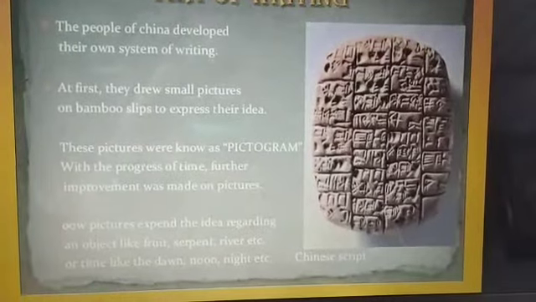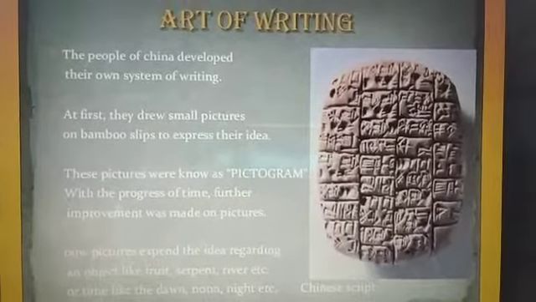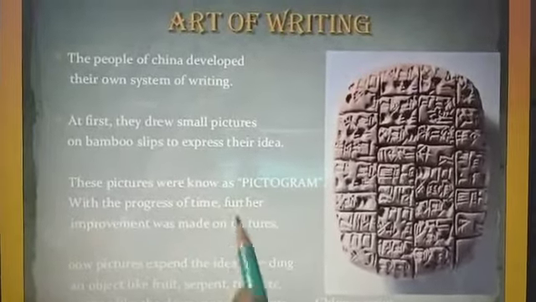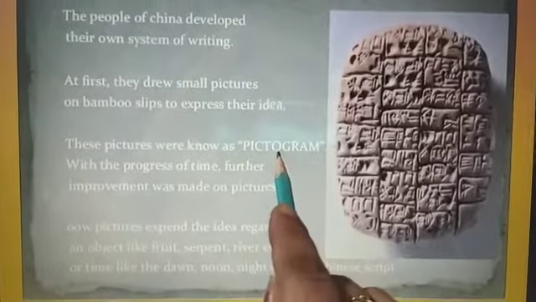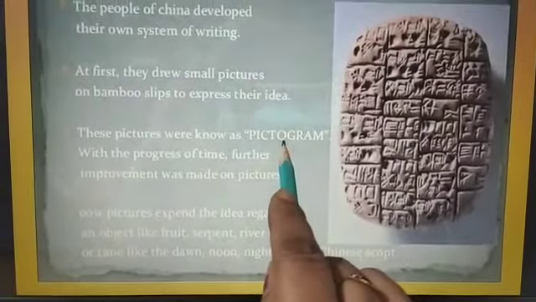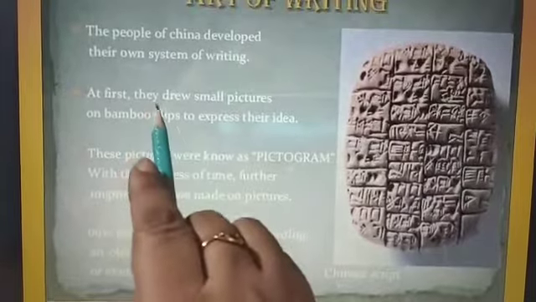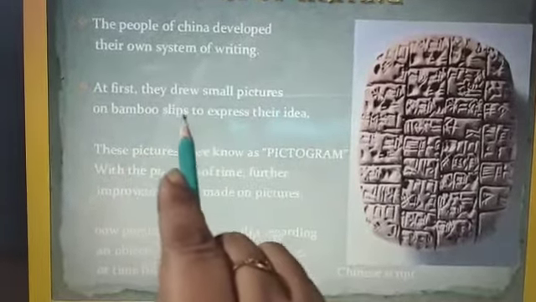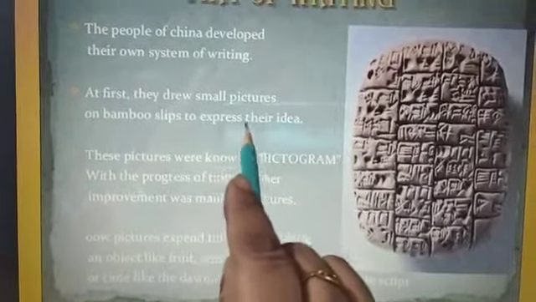Art of writing. The Chinese developed a very beautiful form of writing known as pictograph. They drew small pictures on bamboo slips to express their ideas.